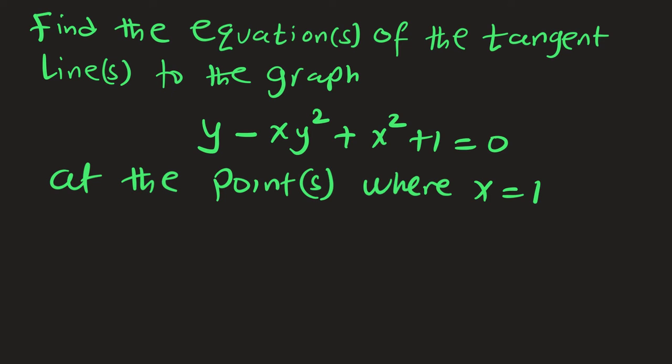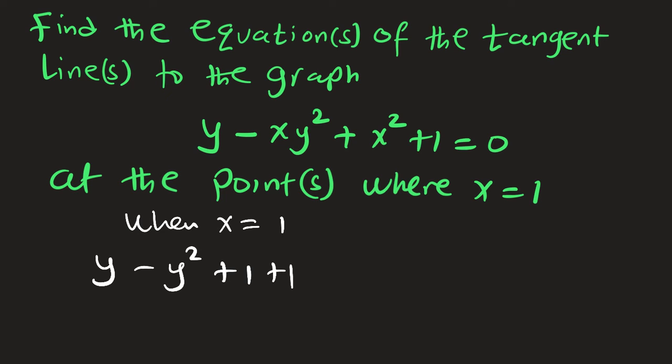So what I'm going to do is to plug in, when x is equal to 1, I have y minus y squared plus 1 plus another 1, and this will be equal to 0. So we have y minus y squared plus 2 equal to 0, which is a quadratic.